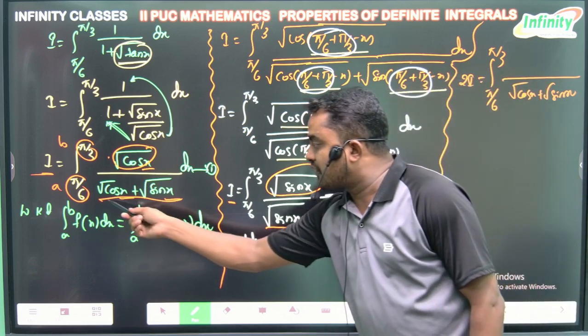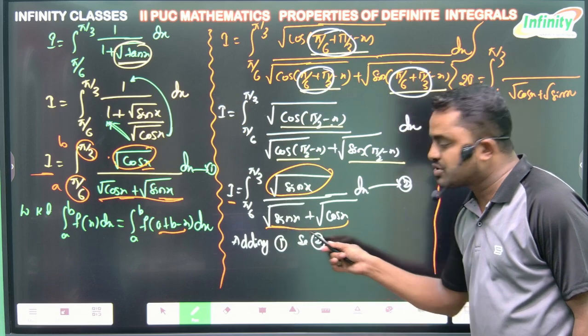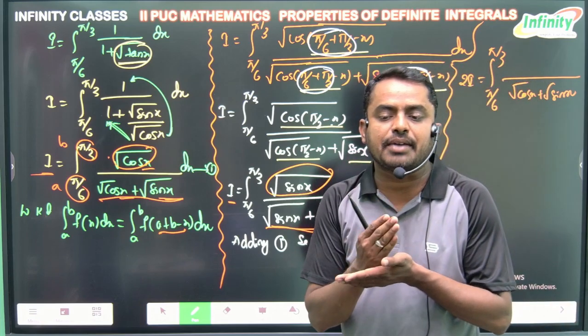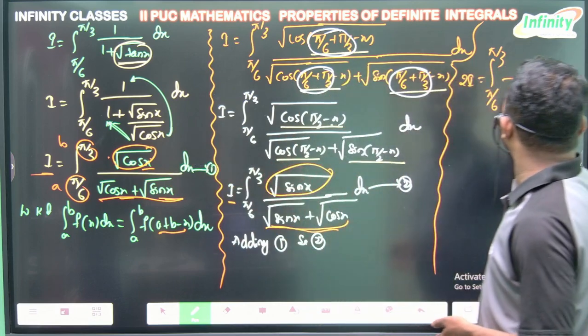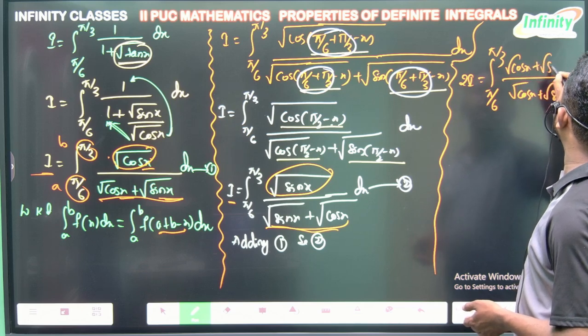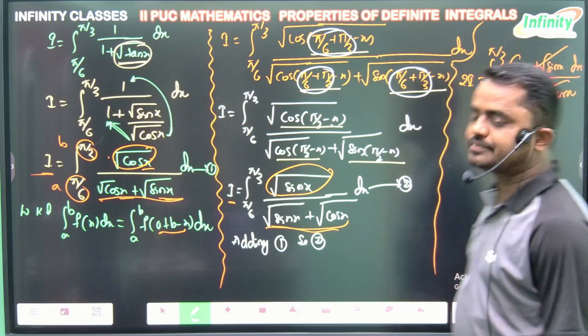The denominator of equation 1 is root cos x plus root sin x, and the denominator of equation 2 is root sin x plus root cos x. Both are the same. If the denominator is the same, add the numerator values. So the numerator is root cos x plus root sin x, dx. Then it will get cancelled.